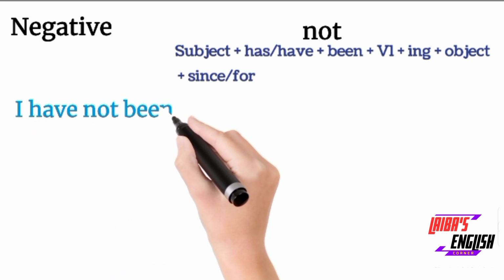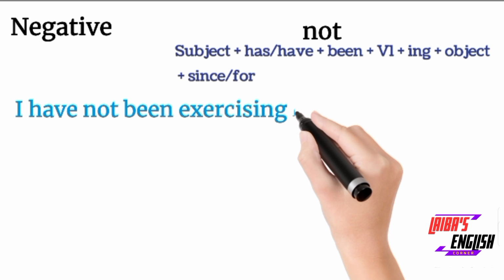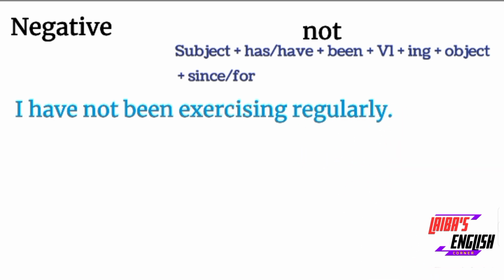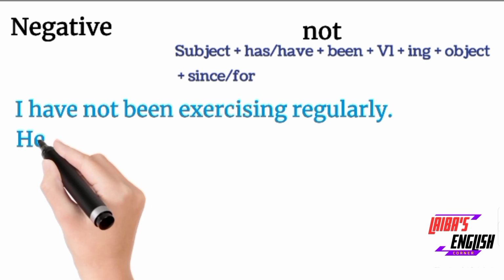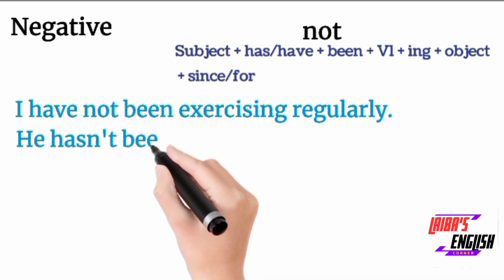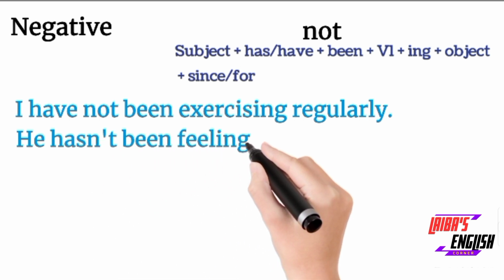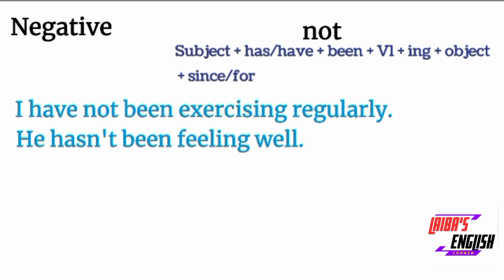For example, I have not been exercising regularly. In this sentence, we are putting not after the helping verb have. And why have? Because with I, we, they, you we use have. Second example is he has not, or he hasn't been feeling well. Here we are using not after has.